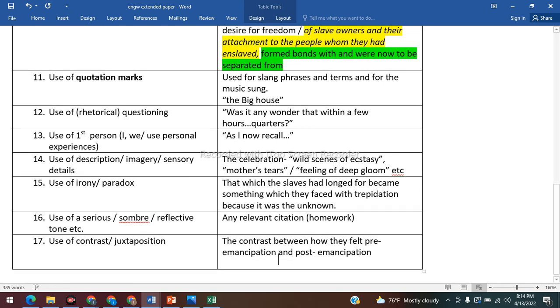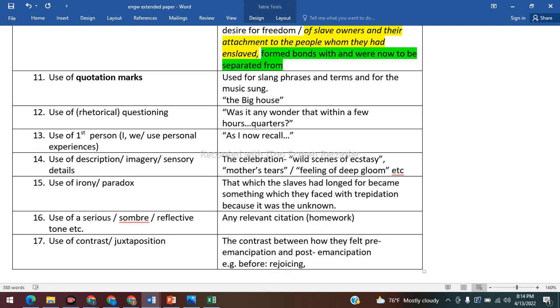Right. So pre-emancipation, it was what? What good words could we use? Before emancipation, how did they feel? They were rejoicing.